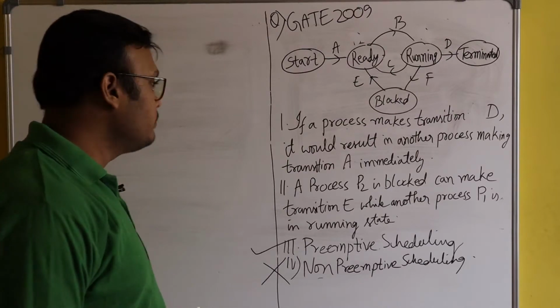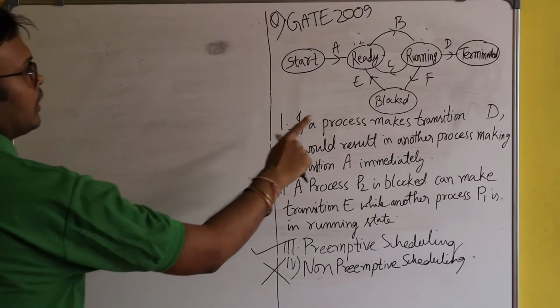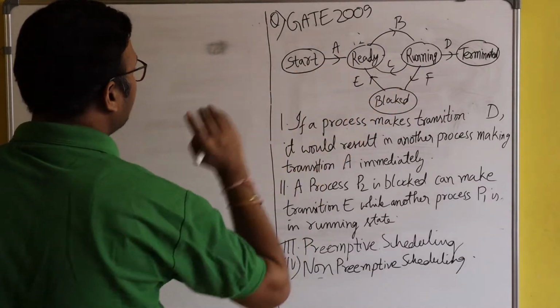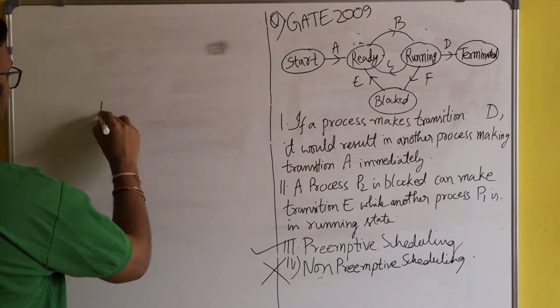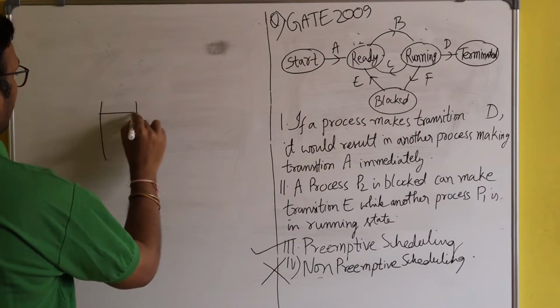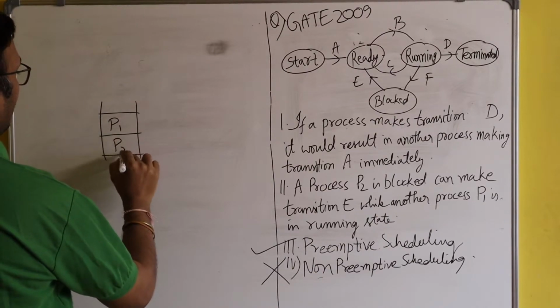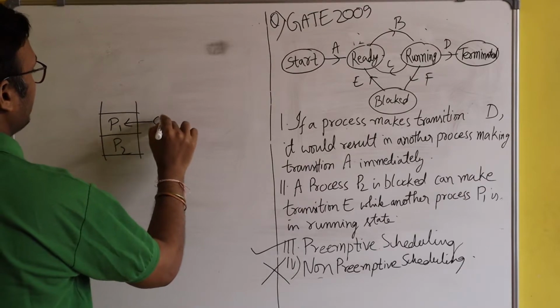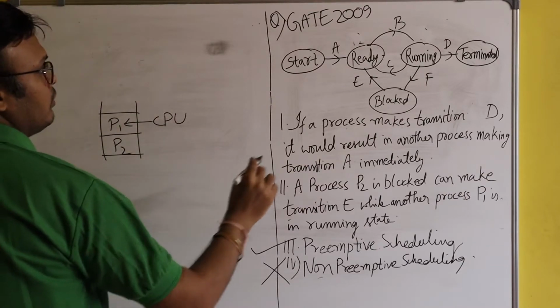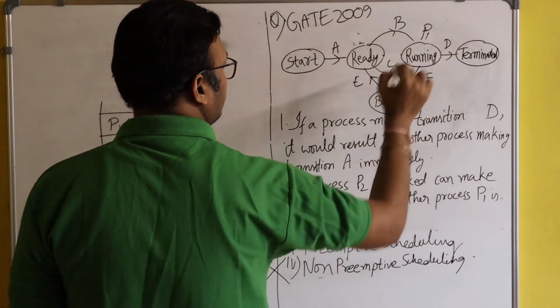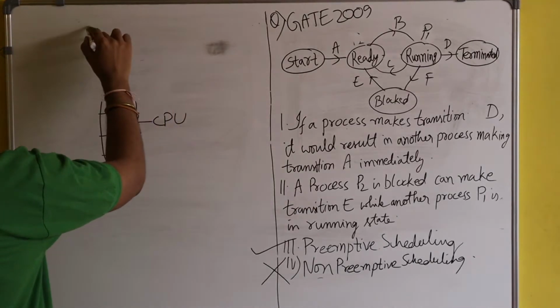Let's analyze. Yes, a process is in running state. It's in RAM, suppose processes P1, P2. A process P1 is in running state. CPU is with process P1. And here you see it's a hard disk.